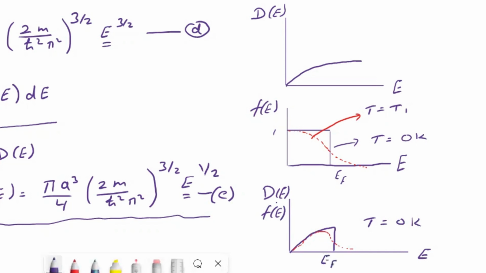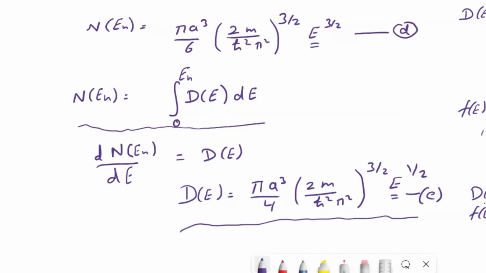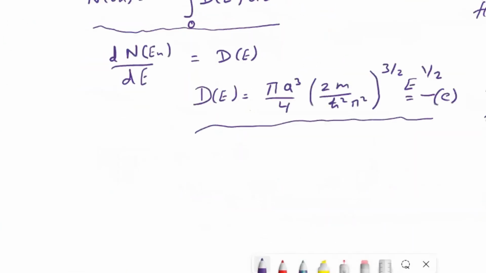So basically, the electrons which are very close to the Fermi level, the Fermi energy, are actually contributing to heat transfer, so those close to the Fermi level actually participate. Right?